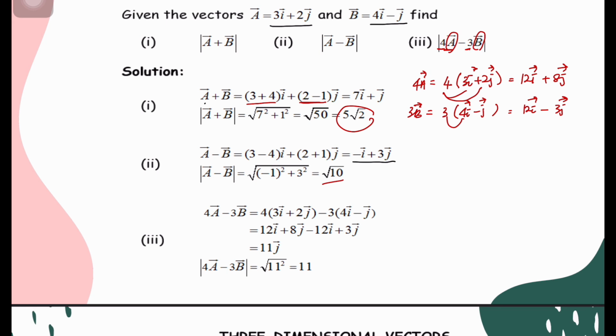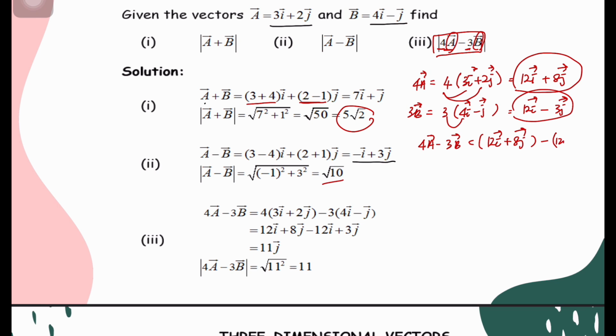Now we need to find 4a minus 3b, because the question asks for the magnitude of 4a minus 3b. So we have our 4a, 12i plus 8j, minus 3b, which is 12i minus 3j.